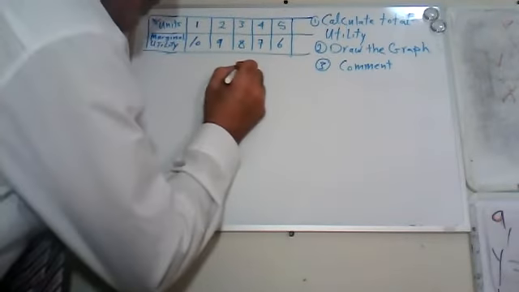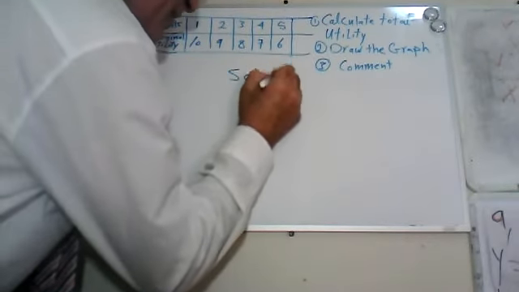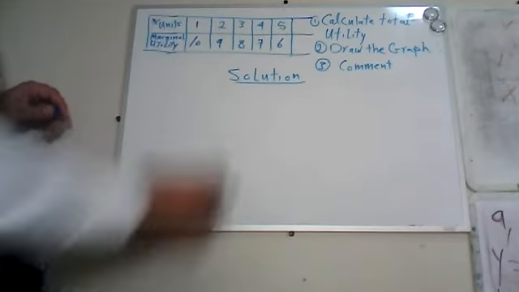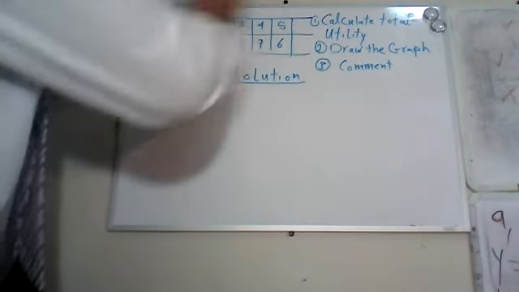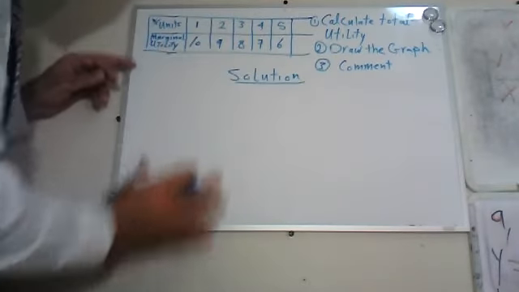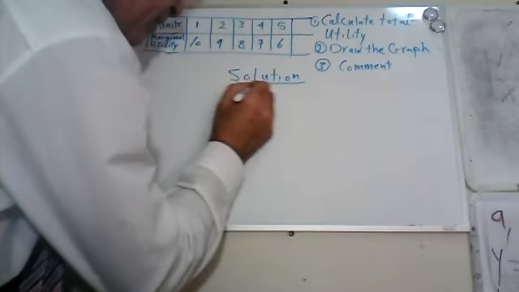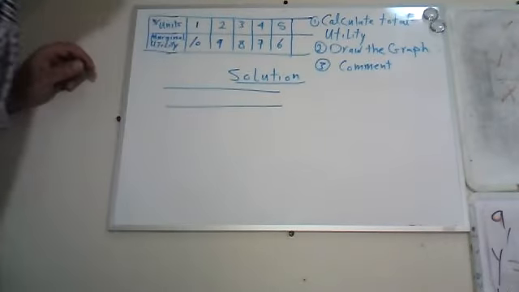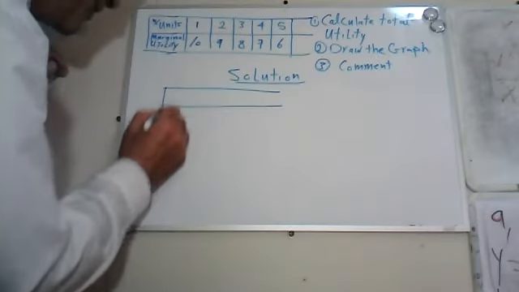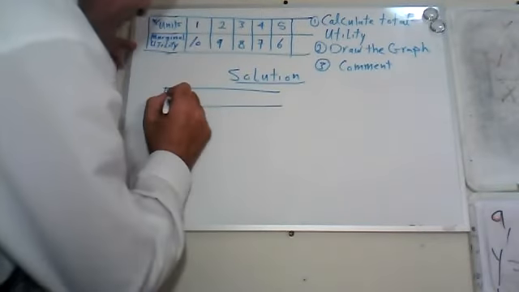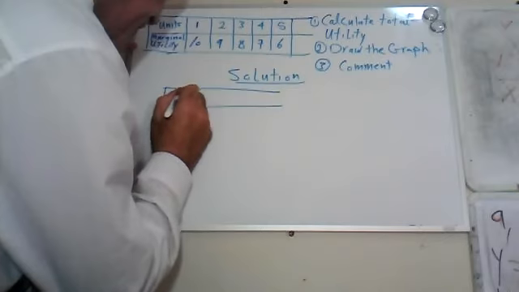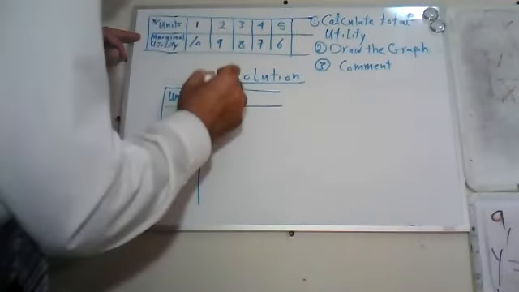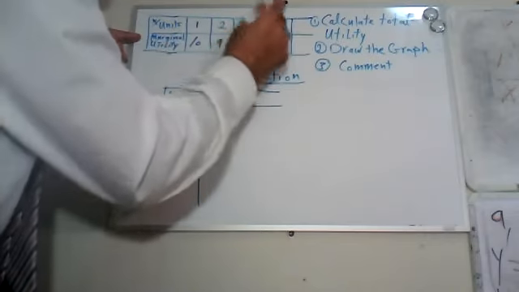Solution. For the solution, what was horizontal I will just put vertical. First is the number of units consumed: the units are 1, 2, 3, 4, 5.